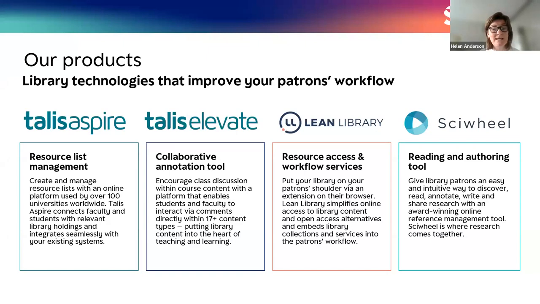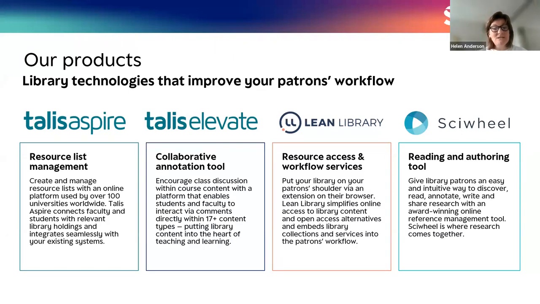So at this time, Sage bought Talis, which was a company started in 2010 and actually introduced the concept of resource list systems into the UK and subsequently internationally. So we were innovators in this area and continue to be that today. We also have Talis Elevate under the Talis brand, and Talis Elevate is a social collaboration tool, an annotation tool that helps students and lecturers engage with resources.